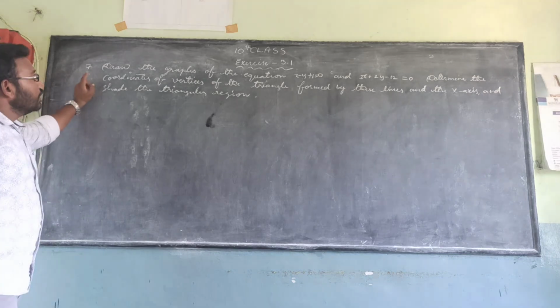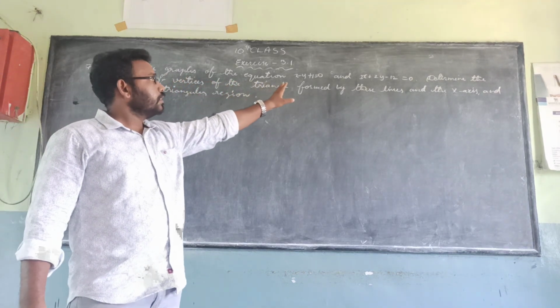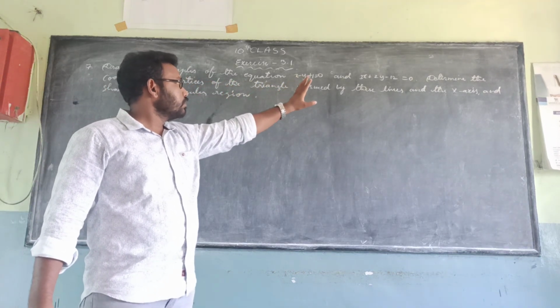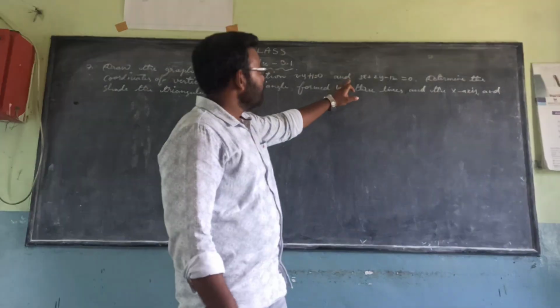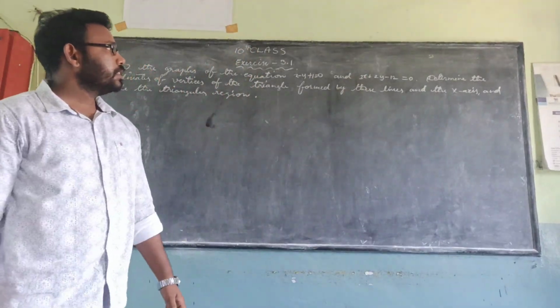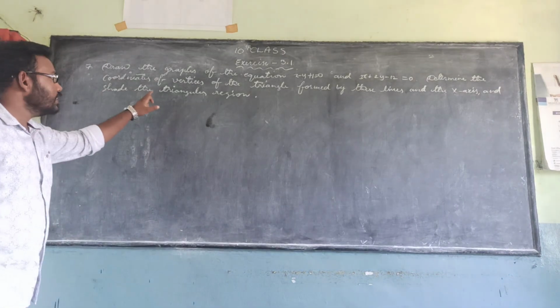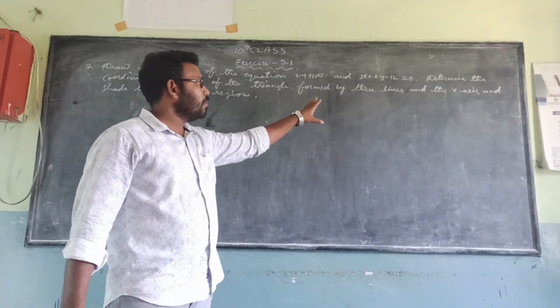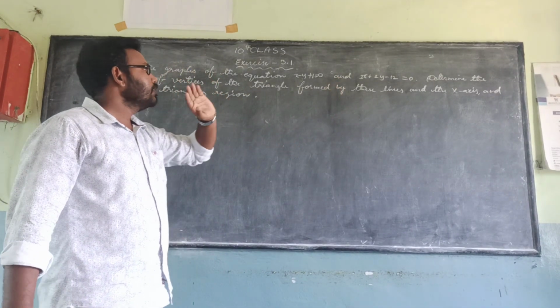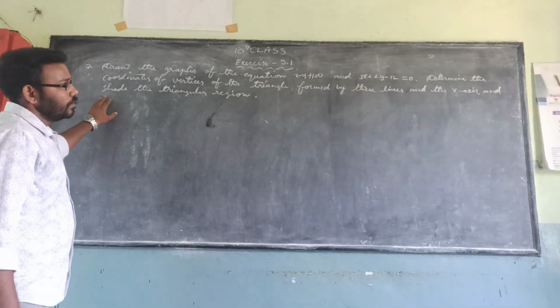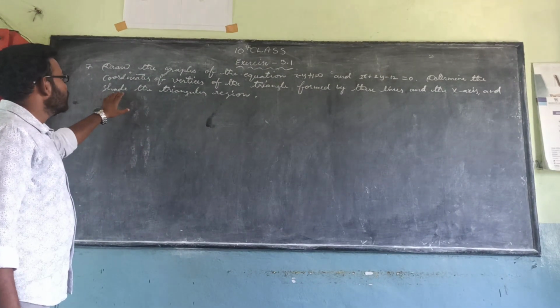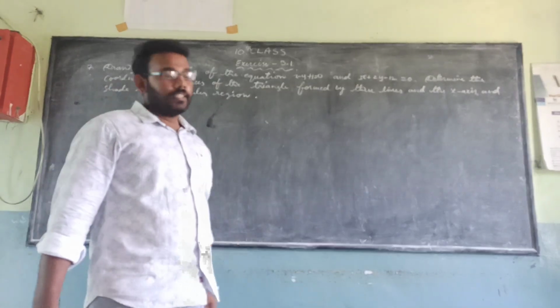Seventh question. Draw the graphs of the equations x minus y plus 1 is equal to 0 and 3x plus 2y minus 12 is equal to 0. Determine the coordinates of the vertices of the triangle formed by these lines and the x-axis, and shade the triangle region.